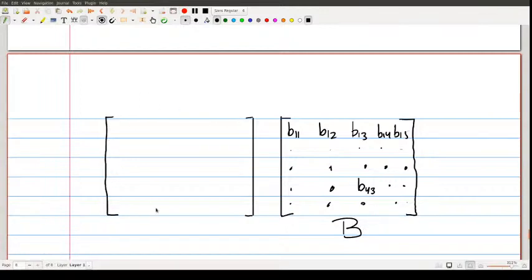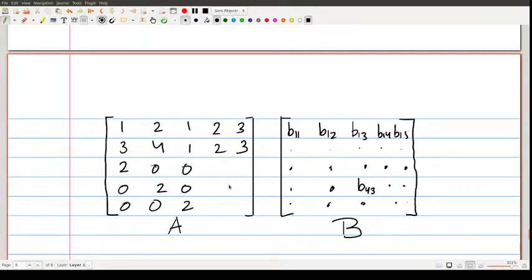Let's look at matrix A. Let's create a special matrix. This matrix gives me 1, 2, 3, 4 as the first four entries. These entries are, let's say, 1, 1, 2, 2, 3, 3. This one is different: 2, 2, 2, and then 0, 0, 0, 0, 0, 0. And this one is just 0, 0, 0, 0, 0, 0.